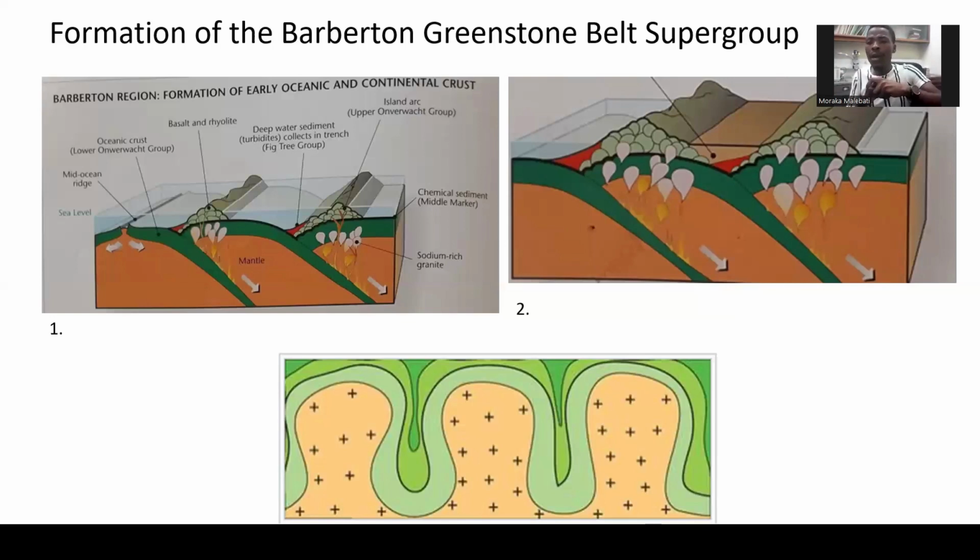These are typical clasts which define what we call clastic sedimentary rocks. And you'd agree with me that we're talking conglomerate, we're talking sandstones, all right? So it means the Moodies Group is defined mainly by clastic sedimentary rocks. Okay, so I hope I'm making sense now.